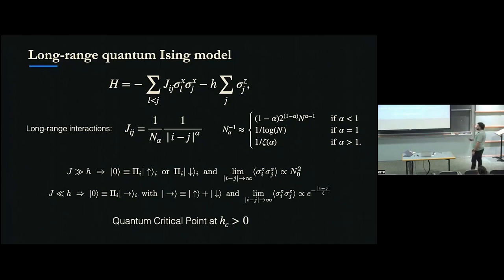The interesting part is that for any value of alpha, from 0 to infinity, I have a quantum critical point in this system. There exists a value of h such that when J is larger than h, I have ferromagnetic order, and when J is smaller than h, I have a paramagnetic state with exponentially decaying correlations. This is true for all values of alpha.